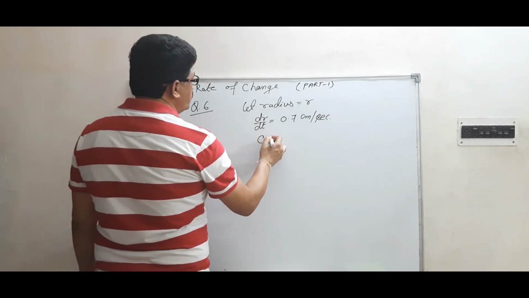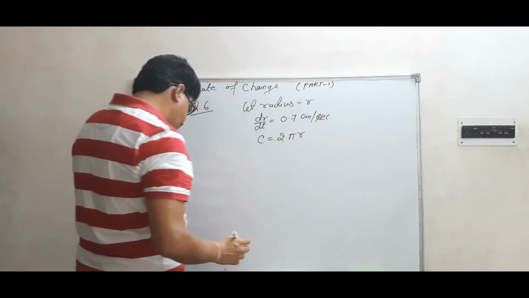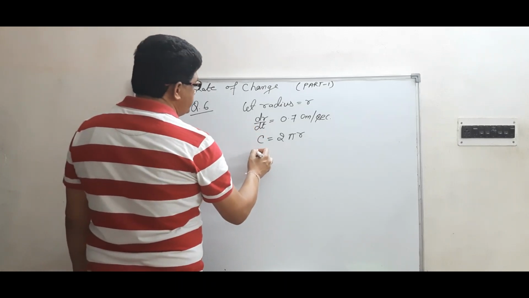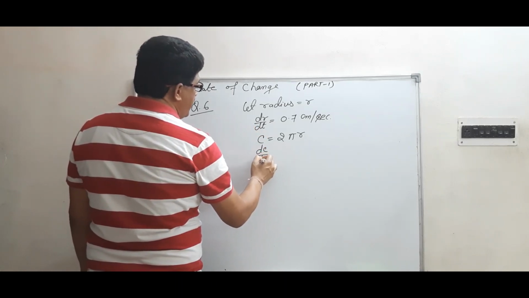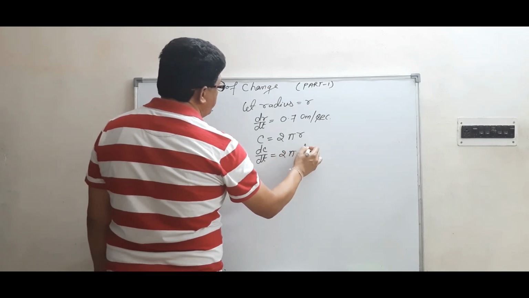Then you have to find the change in circumference. Circumference is equal to 2 pi r. The change in circumference dC upon dt is 2 pi dr upon dt.